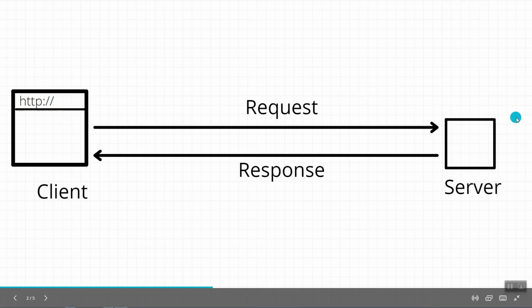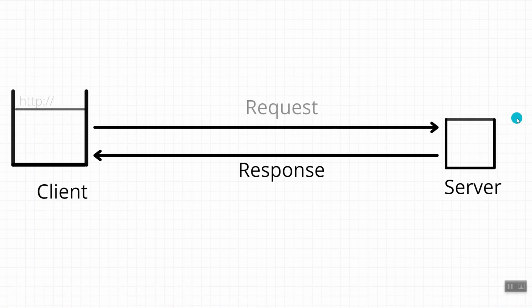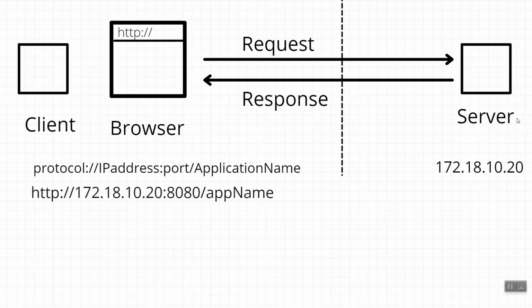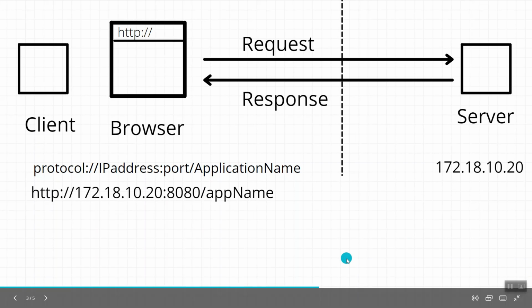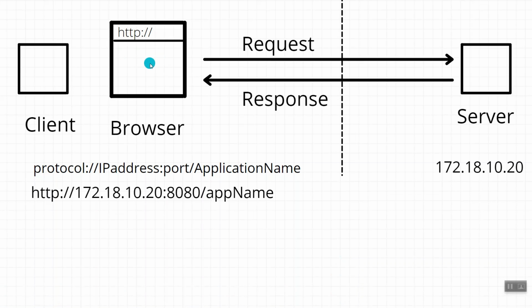Let's see how the client does the communication. Here we have the client and the client has the browser. Inside the browser, the client has the URL. Here is our server. As I said previously, in order to communicate between the client and the server, we should have protocols.